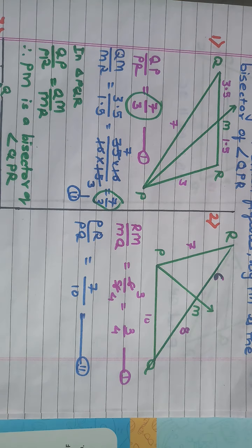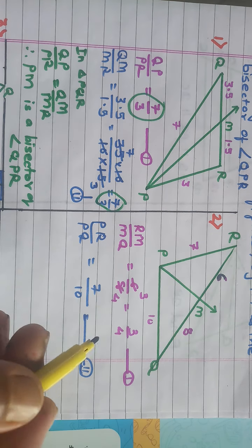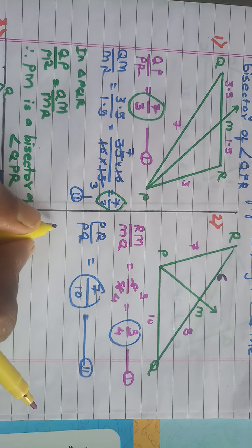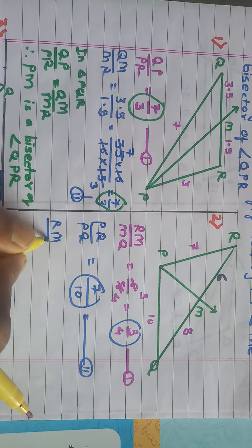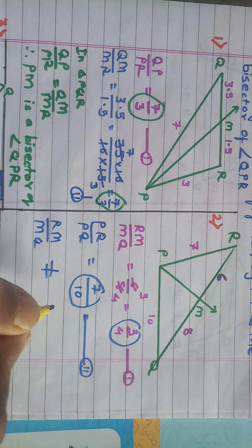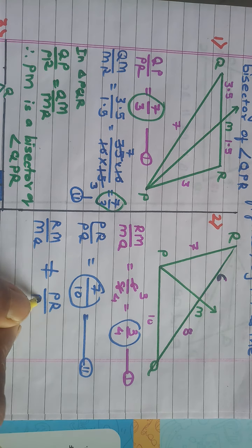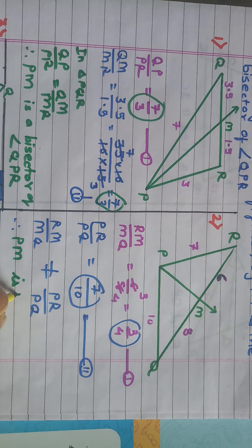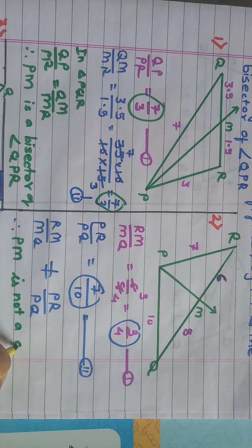So what will we get? What we get is both the ratios are not equal. So here you have to write RM upon MQ is not equal to PR upon PQ. Therefore ray PM is not an angle bisector of angle QPR.